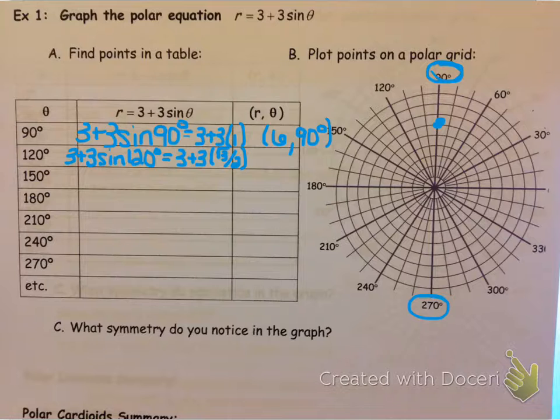If I treated it like it was 0.9, so that this part right here was 0.9 times 3, which is 2.7, plus 3, then I get a number that's 5.6. It really doesn't matter if you approximated it to be 0.85 or 0.8, because your answers are going to be so close that on a grid this small, you're not going to notice a difference. So 5.7, right inside that 6th grid line at 120 degrees.